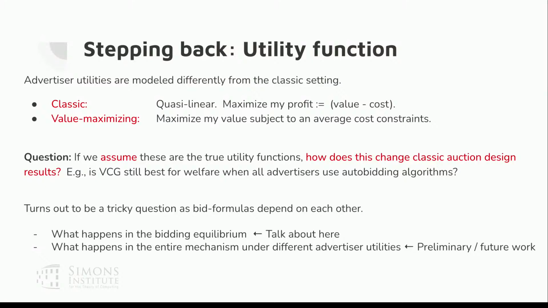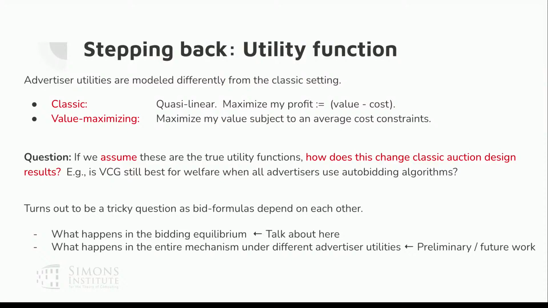One way to think about it is that these kinds of constraint-based auto bidding products model the advertiser's utilities slightly differently from the classic setting. The classic setting is quasi-linear: you want to maximize the profit, value minus cost.